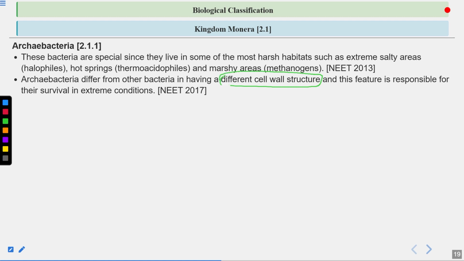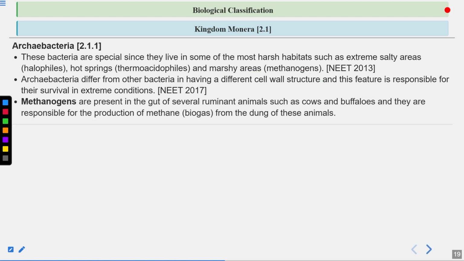Usually true bacteria have peptidoglycan in their cell wall, but in archaebacteria the cell wall consists of pseudomurein instead of peptidoglycan. You can write that the archaebacterial cell wall is different: it consists of pseudomurein, glycoproteins, and complex polysaccharides. This is also very important. This is how they survive in extreme habitats.